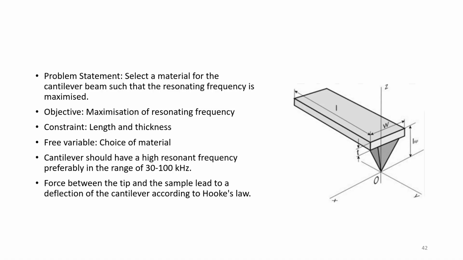Objective is maximization of resonating frequency. Constraint, length and thickness. Free variable, choice of material. Cantilever should have a high resonant frequency, preferably in the range of 30 to 100 kHz. Force between the tip and the sample leads to a deflection of the cantilever according to Hooke's law.